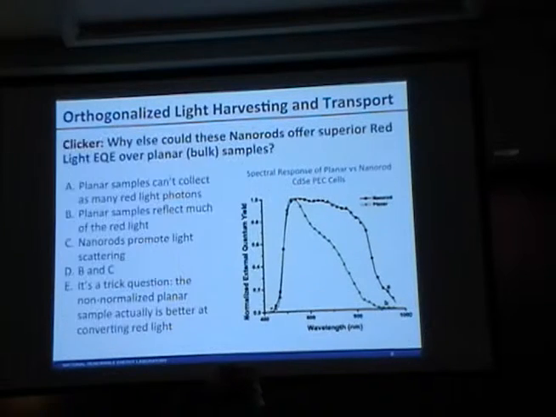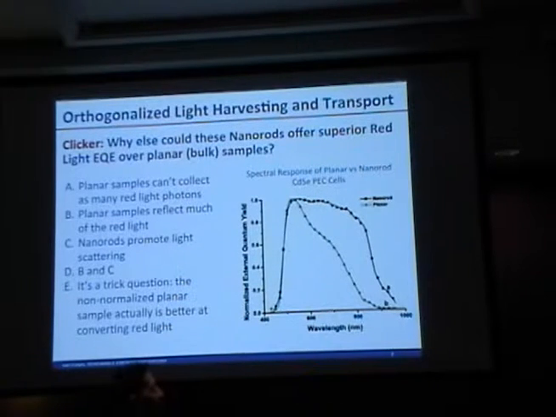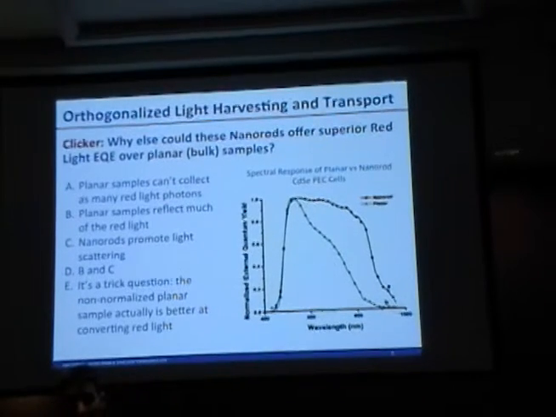And so I'd like you all to think a little bit here about why this is. I just told you the main reason, and that's the minority carrier diffusion length needs to be significantly less. But there are other reasons why that might be. The first one would be planar samples can't necessarily collect as many red photons as, say, the nanomaterial.